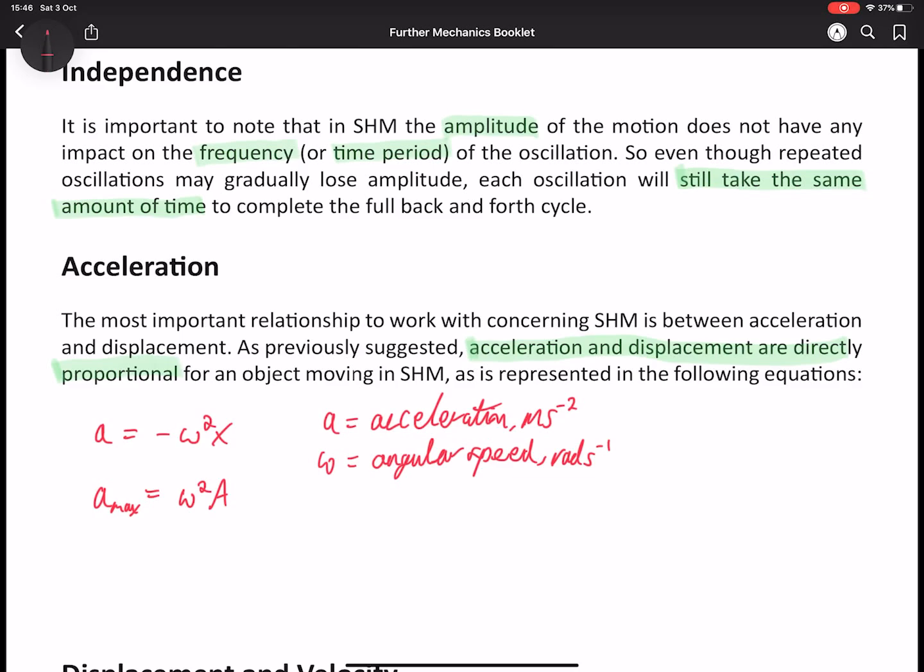Angular speed, radians per second as usual. X is the displacement from that central position, so from the point of equilibrium, and is measured in meters as usual. And capital A is our amplitude, which is defined as the maximum displacement from the equilibrium position.